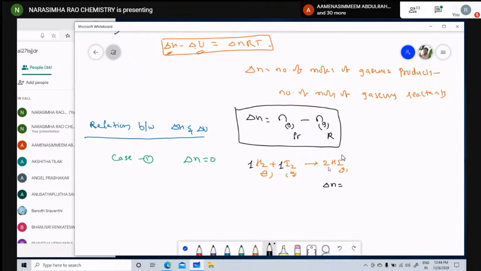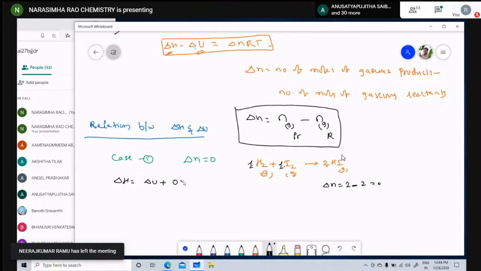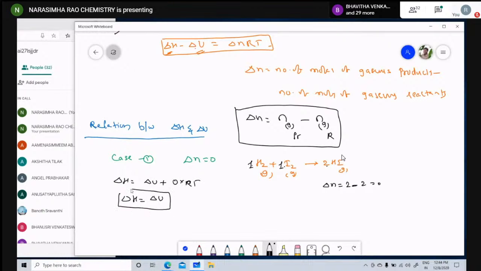Delta n is equal to 2 minus (1 plus 1), which is equal to 0. For this reaction, delta H is equal to delta U plus 0 into RT. This total term becomes 0. Then delta H is equal to delta U. Clear now?